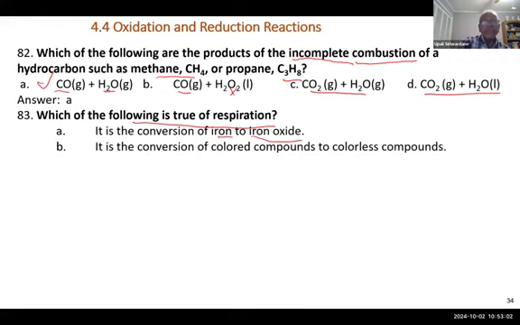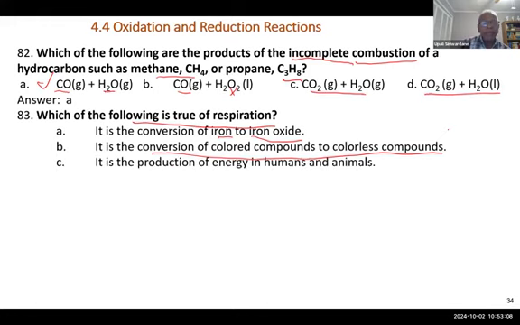The conversion of colored compound into colorless compound. That's not respiration. Production of energy in humans and animals. That's how we produce energy. Respiration is conversion of glucose to carbon dioxide and water and energy, energy in the form of ATP.